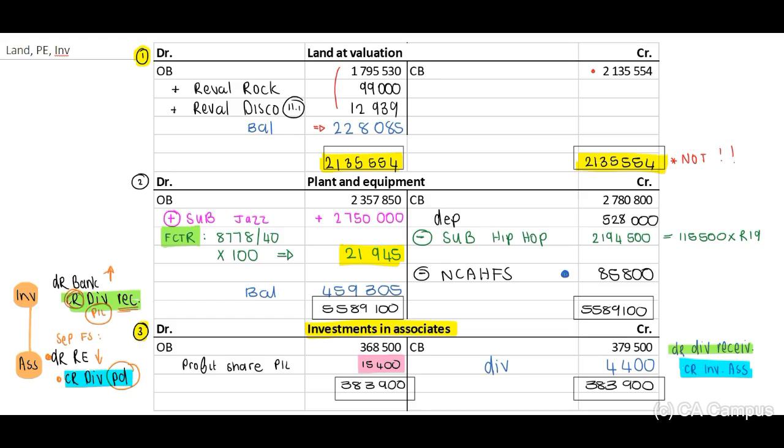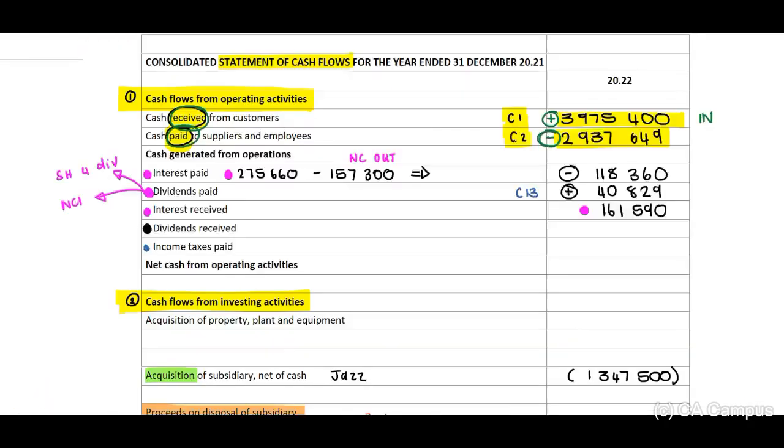And we credit our 4,400 dividend. Therefore, dividend received. And let's transfer this calculation number 3, dividends received. And this is 4400, and this is an inflow.